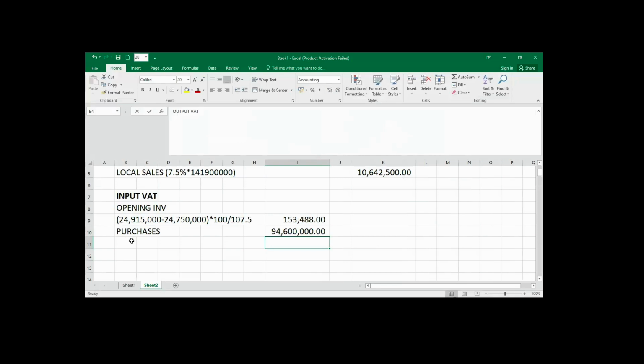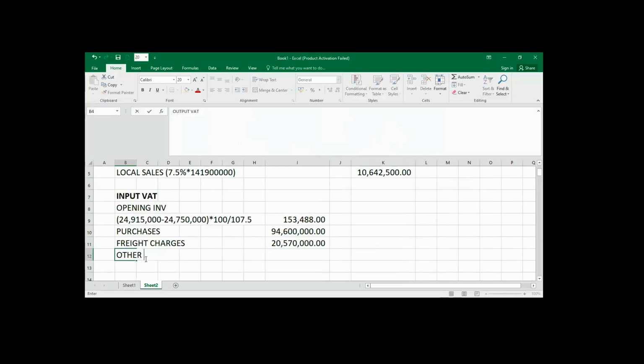Then we also have freight charges, which is 2570.